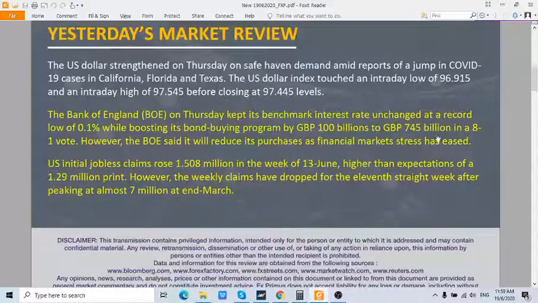This was with full support and full confidence, where out of the 9 voting members of the Monetary Policy Committee, 8 members voted unanimously for the increase of bond purchases.